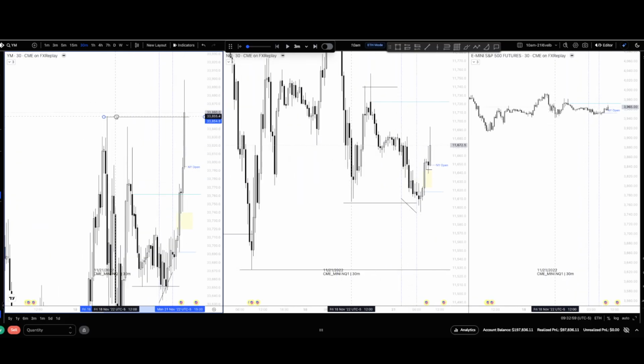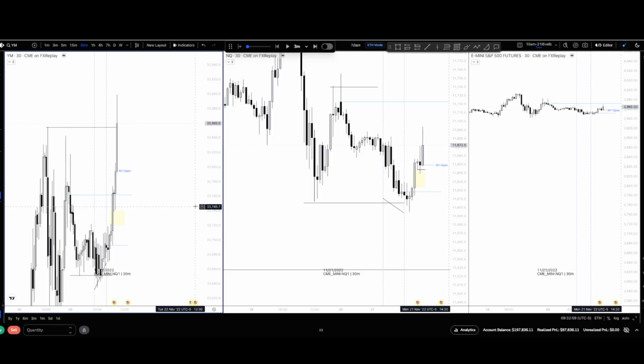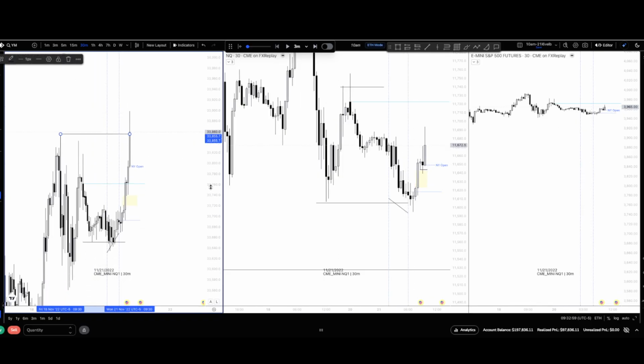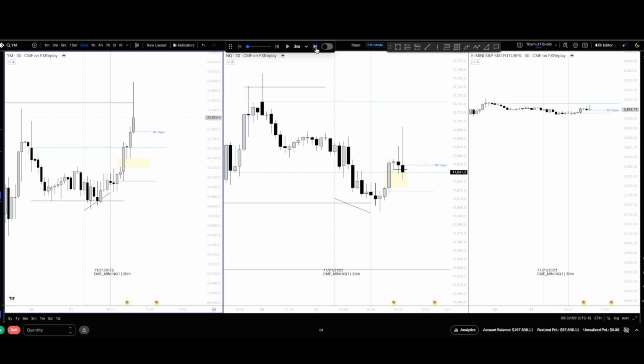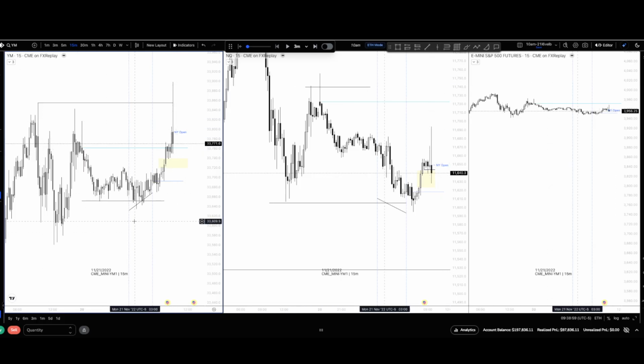YM does reach up higher, taps us into this draw on liquidity here, and now it leaves that SMT. So we wouldn't want to jump into anything immediately because that draw has been taken already. I would just wait to see what type of reaction YM is going to give at this moment. So YM is actually getting a very strong reaction right now off of those highs, and it's validating that SMT that is located at those highs.